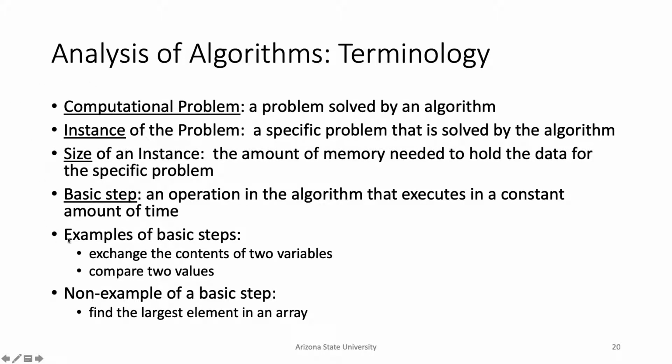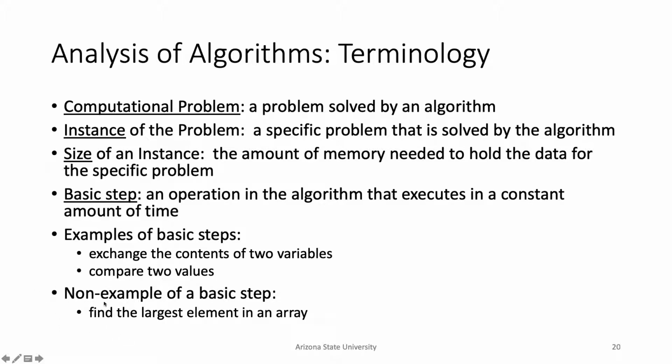So we talked about these definitions, but basically we're going to be looking at something called a basic step, which is not really precise, but it's something that you can't subdivide into smaller things. Like adding an integer to another one, or comparing 2 values, you can't break that up into smaller pieces.